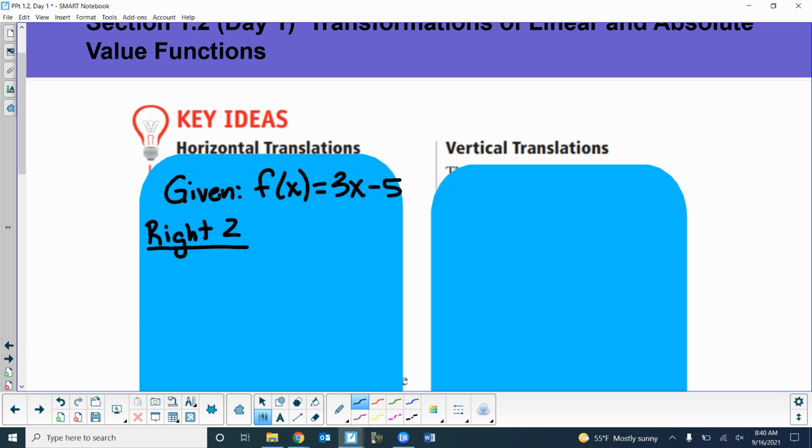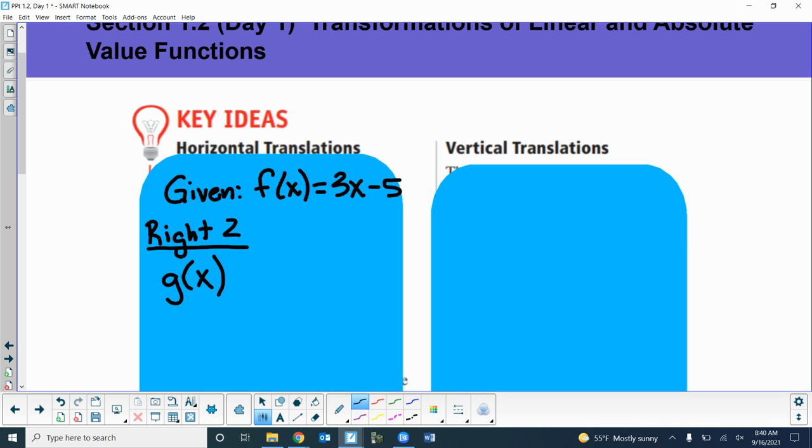So what that means is we're going to write a different function. We'll call it g of x. And all that means is to substitute in for x a translation that goes right.